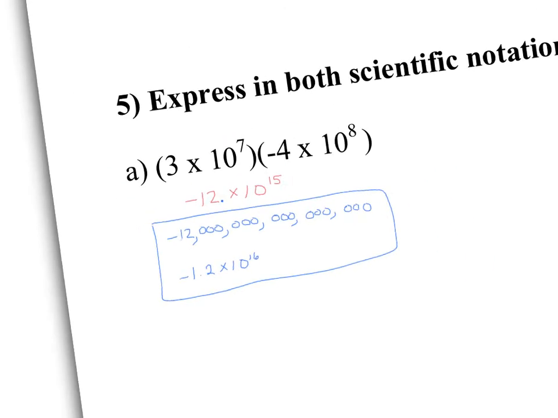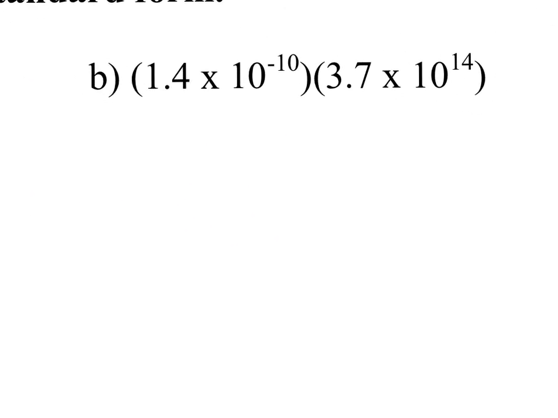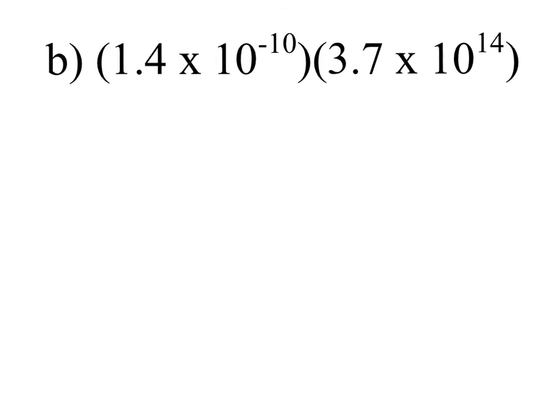All right, so let's take a look at another product here. Again, I'm going to multiply the first two. So I'm going to take 1.4 times 3.7. All right, and when I get that, I end up with 5.18. So that's awesome. We're right here between 1 and 10, so that's good.